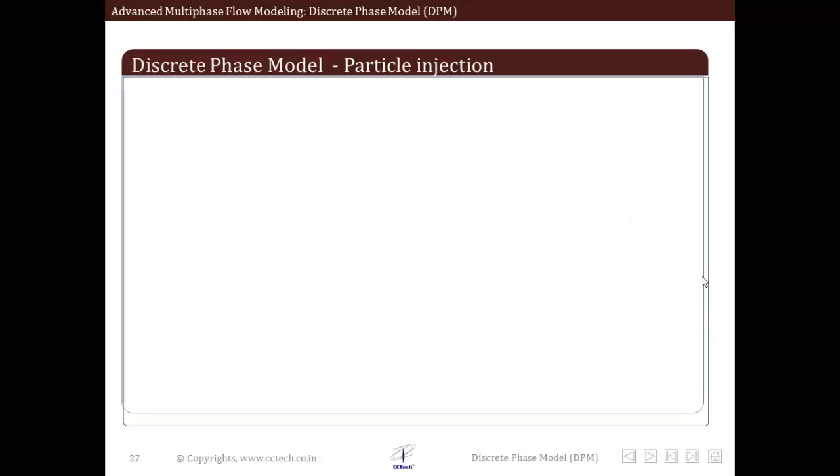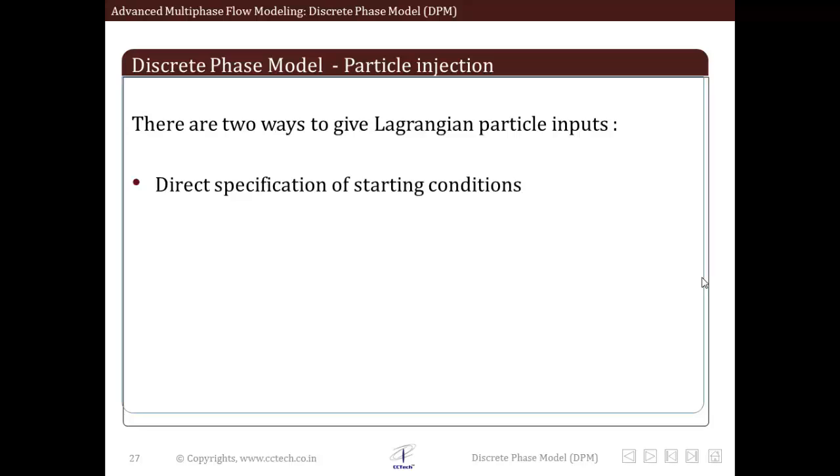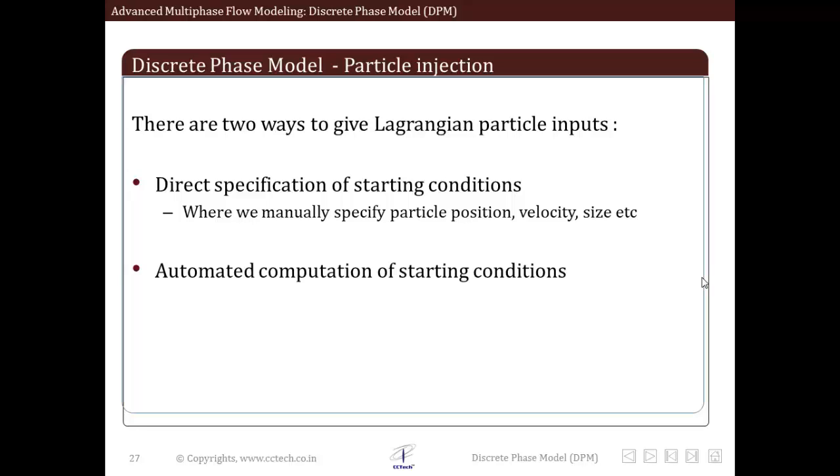Now let us see how these injections are given. There are two ways in which we can specify Lagrangian particle injections. The first is direct specification of starting conditions, in which we directly indicate the starting conditions of the particles coming into the domain. We manually specify the particle positions, velocity, size, mass flow rate, etc. Those values are then used to define the particle injections or initial conditions.